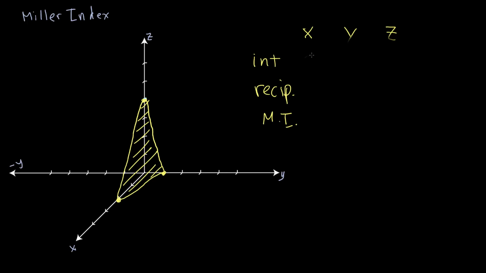If we go back to our chart, we have x equals 2, y equals 1, z equals 4. We can take reciprocals.